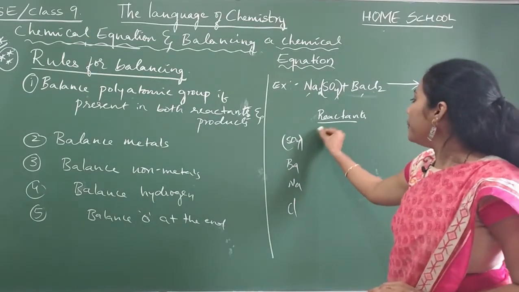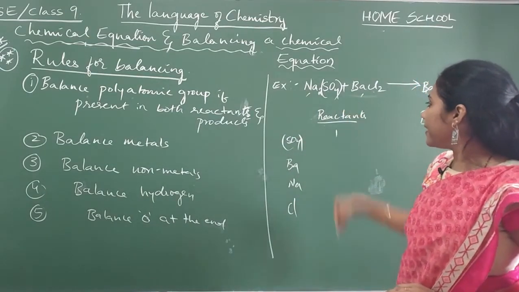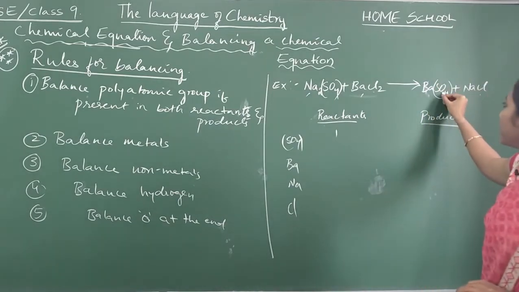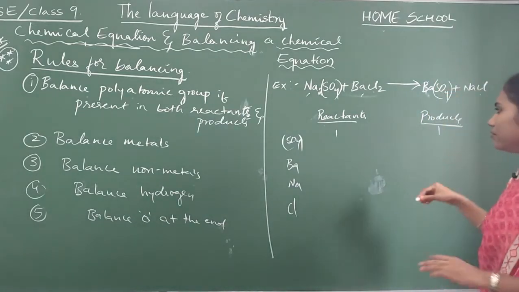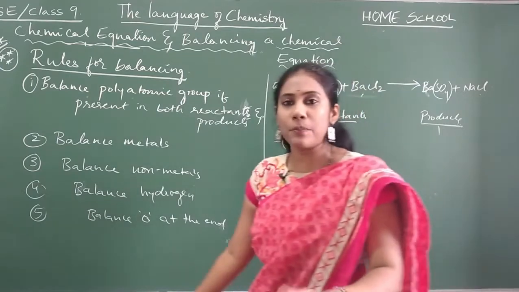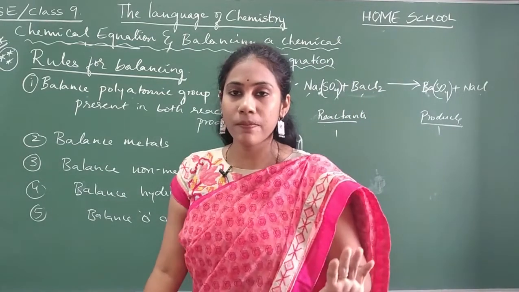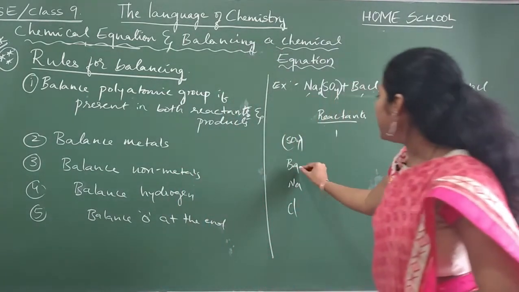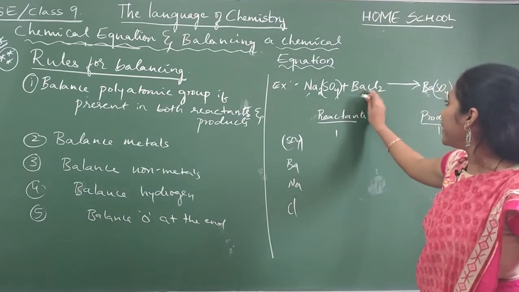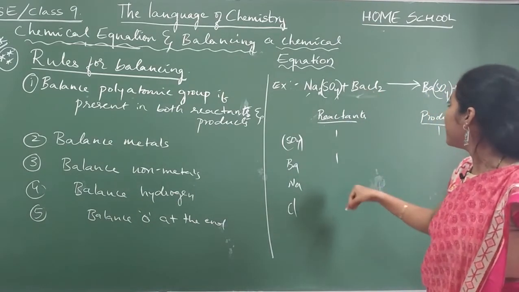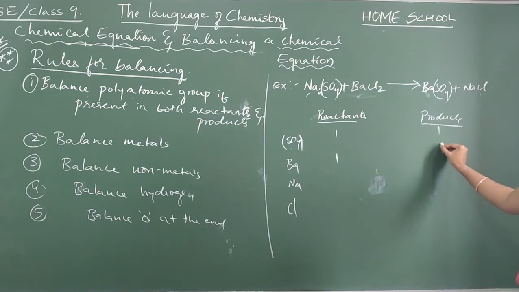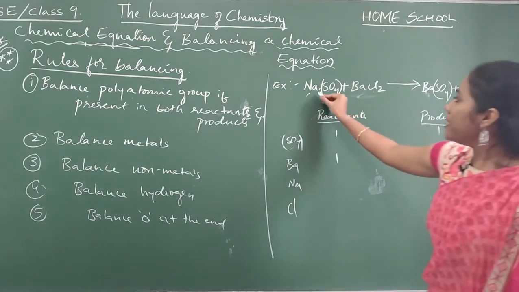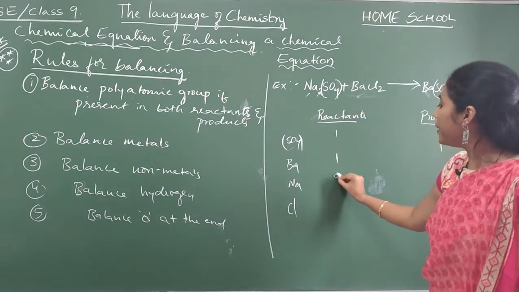So how many sulfate groups are there on the reactant side? 1. How many sulfate groups are there on the product side? 1. It's already in a balanced form, so you need not put any digits. Now coming to the barium. How many bariums are there on the reactant side, guys? 1. How many bariums are there here? 1. And how many sodiums are there on the reactant side? 2, guys.